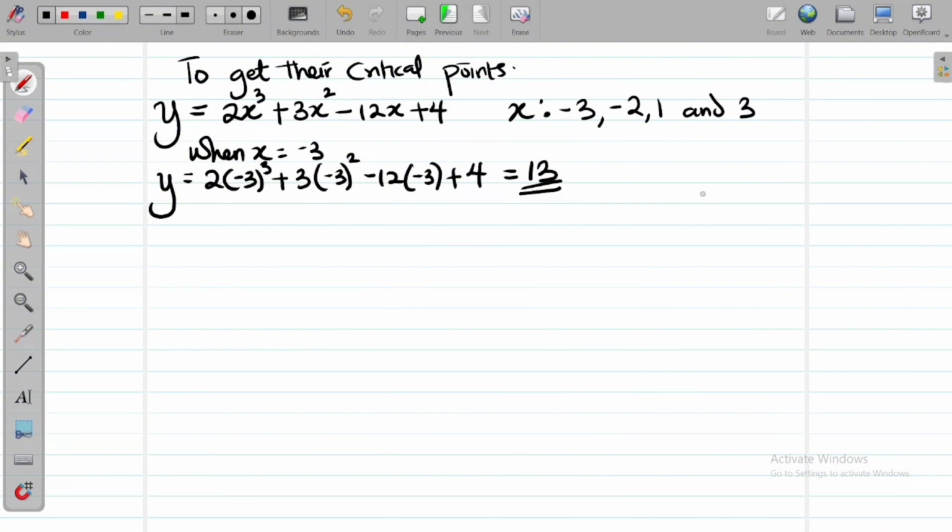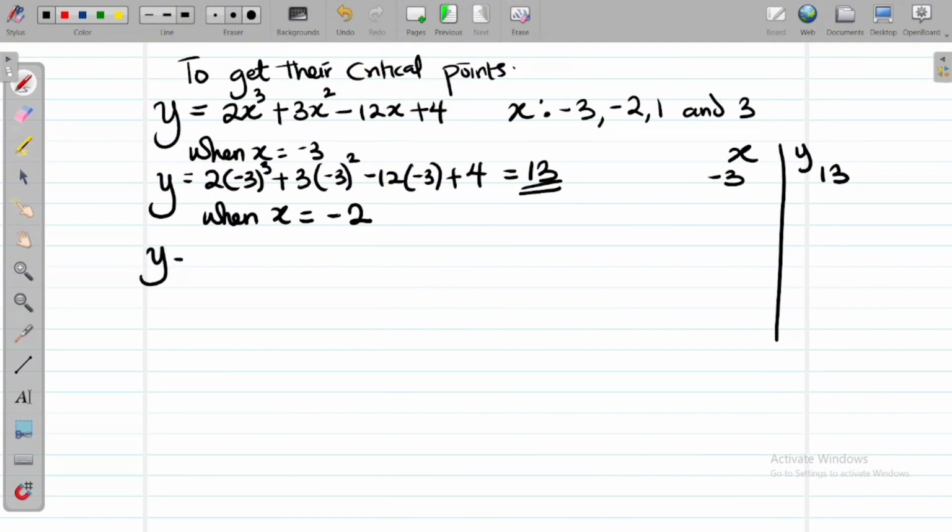So when x was minus 3, our y was 13. Let's check for the other one. When x is equal to minus 2, what will be y?